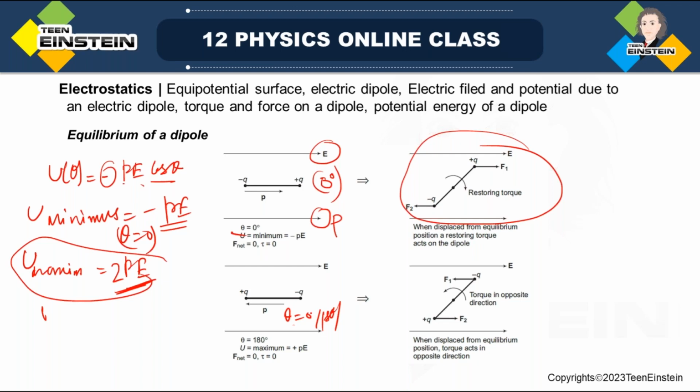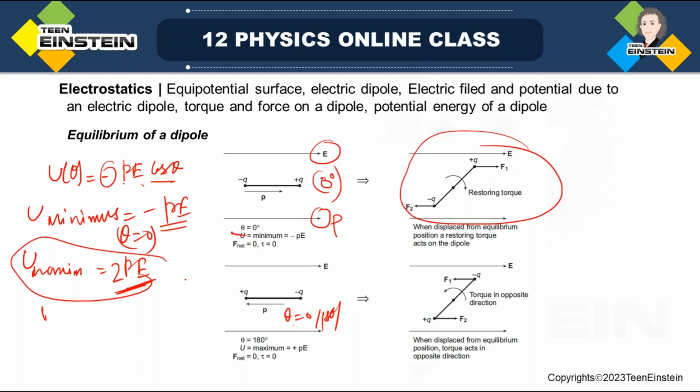At these two, the torque will actually be in equilibrium. Torque will be in equilibrium, but in which case does the dipole have the minimum energy?